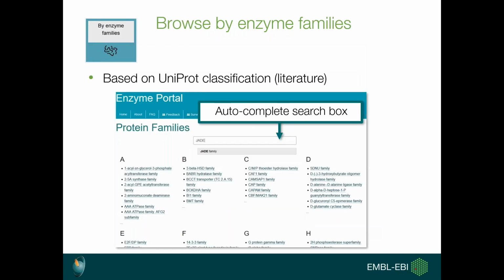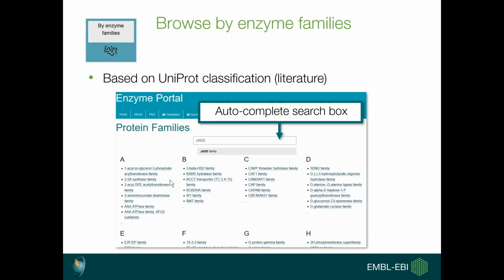If you are less familiar with the EC classification, you can also browse the enzymes by families. For example, you can search enzymes that belong to the MAP kinase or methyltransferase families. The list of these families comes from UniProt, and they are arranged in alphabetical order. The page, as you can see, displays only a limited list.